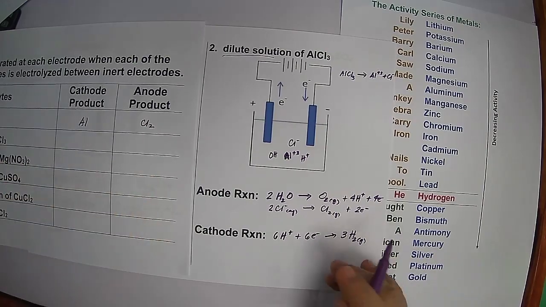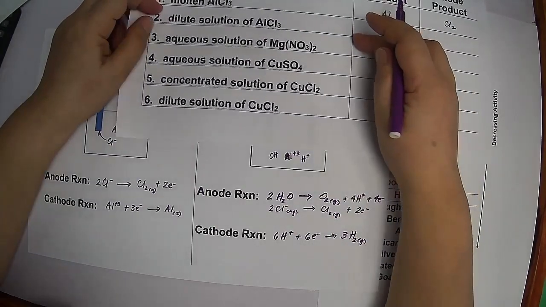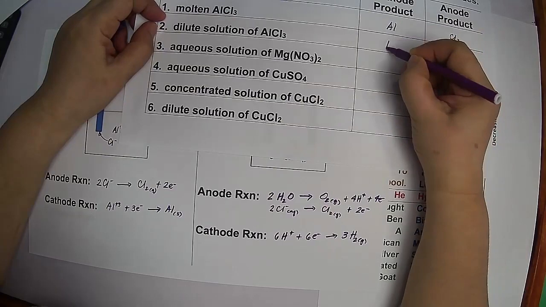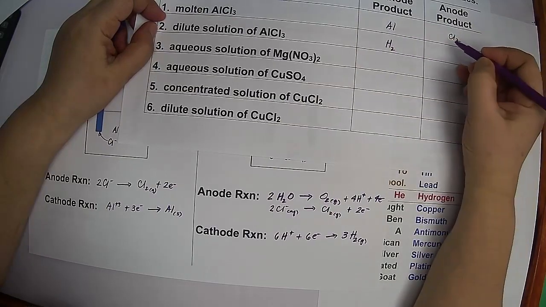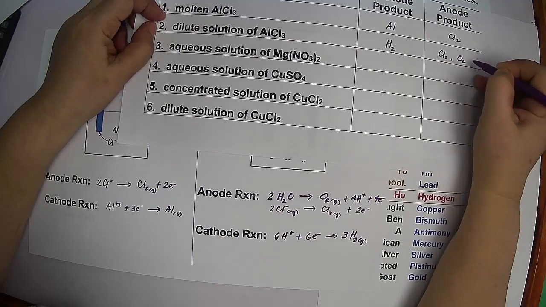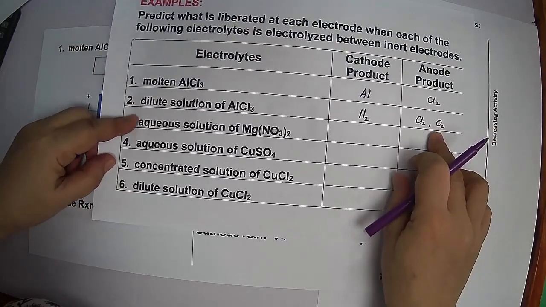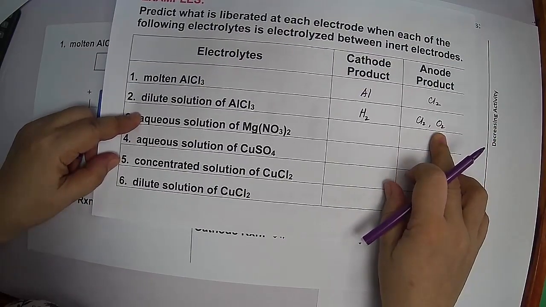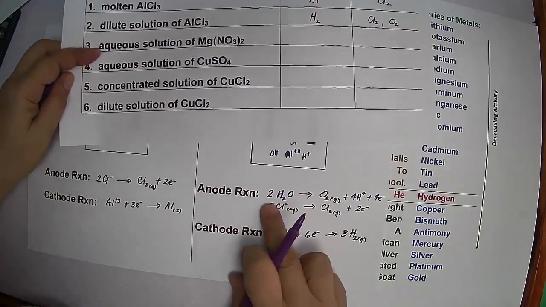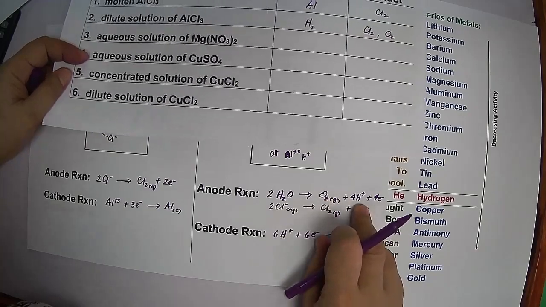Okay, to fill up the table, when we have a dilute solution of aluminum chloride, at the cathode we have hydrogen gas, and at the anode we have chlorine gas and oxygen gas. The oxygen is present at the anode as one of the products because of the presence of water, which undergoes oxidation to oxygen and hydrogen.